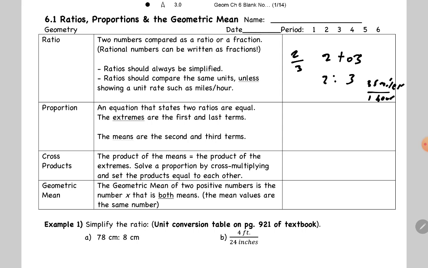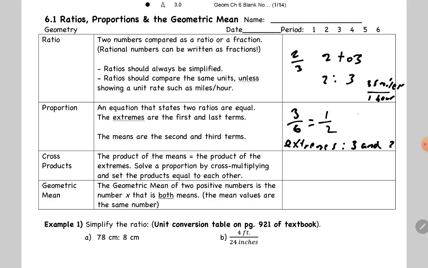A proportion states that two ratios are equal. And we see this all the time whenever we're reducing fractions. 3 over 6 is equal to 1/2. The extremes are considered the first and last terms, which are 3 and 2 in this case.